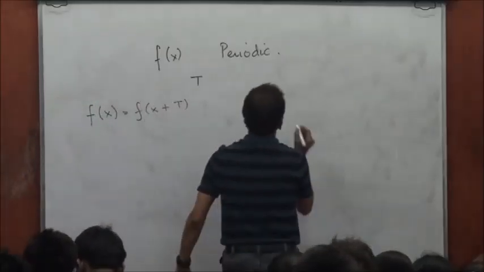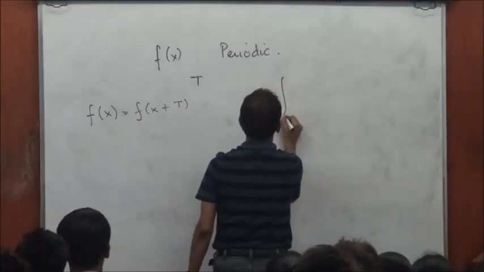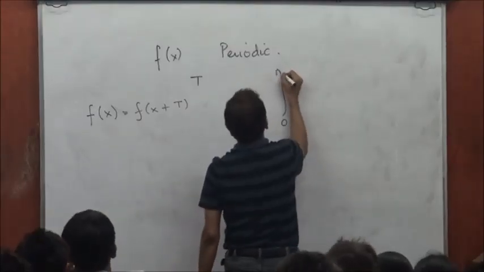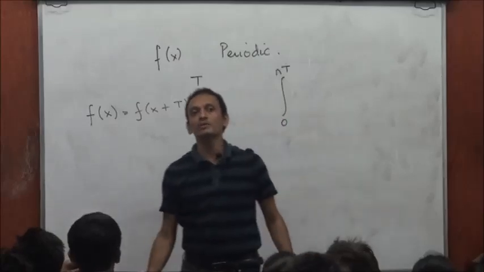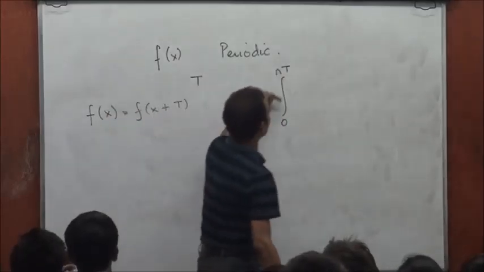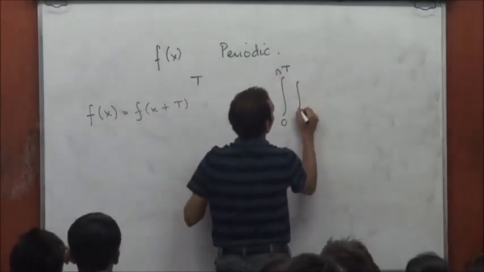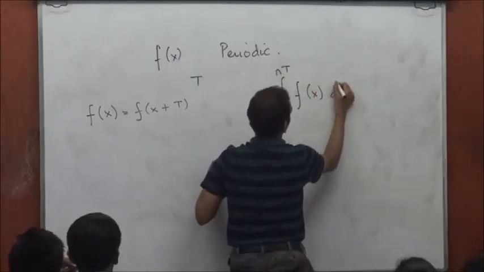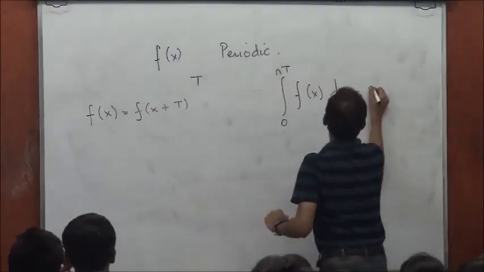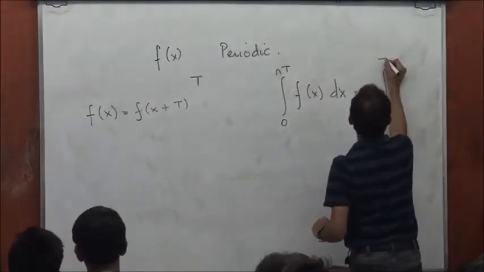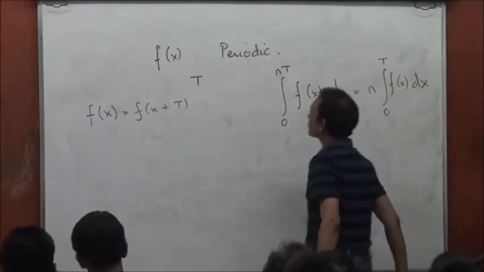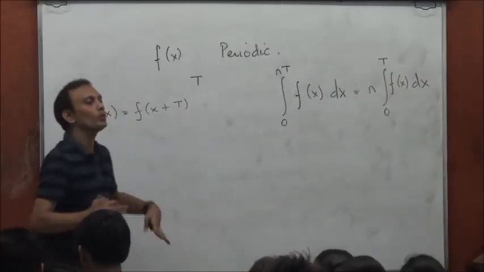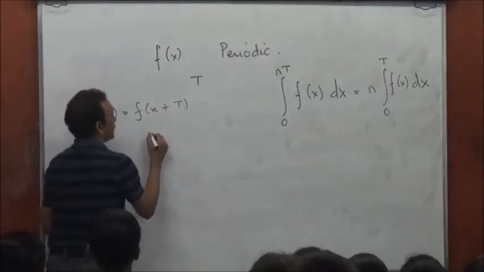Now, a very useful property. N is a natural number. Integral 0 to nT of f(x) dx is n times integral 0 to T of f(x) dx. Very easy to see, really.